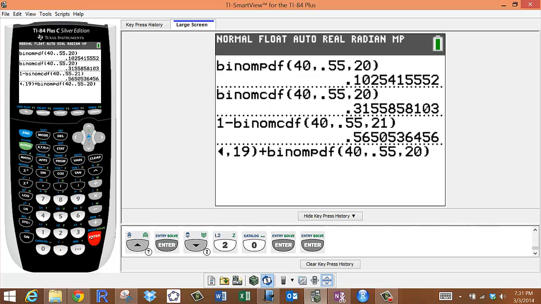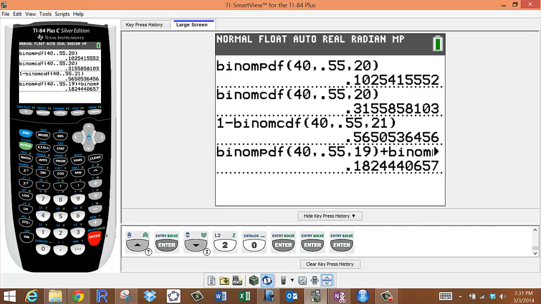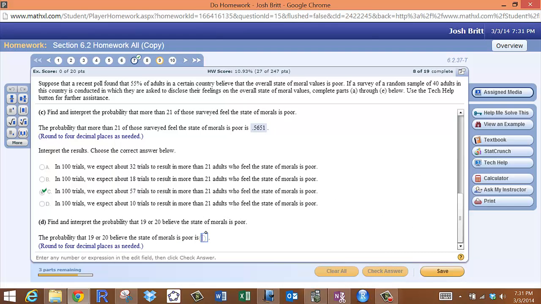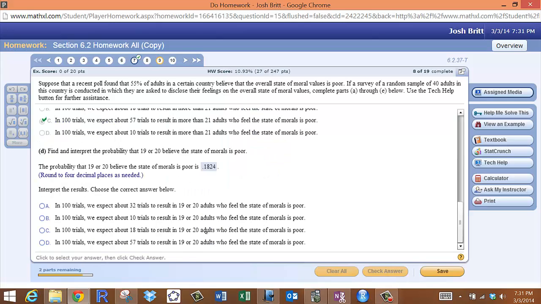Paste and enter. So we get 0.1824, and this will be about 18.